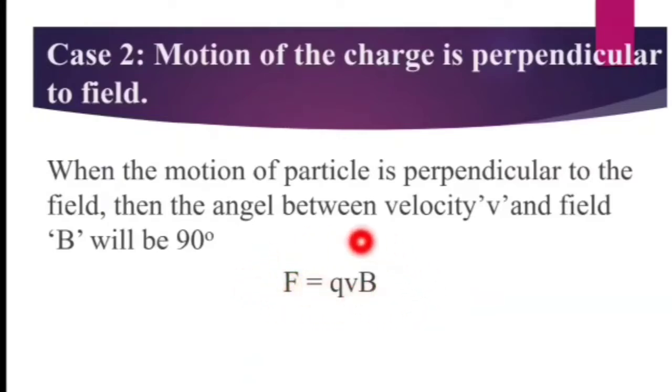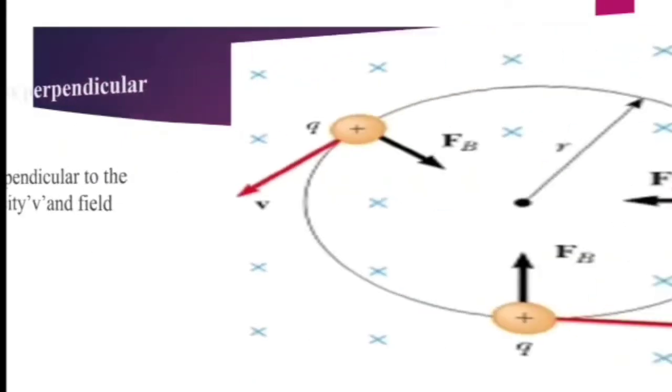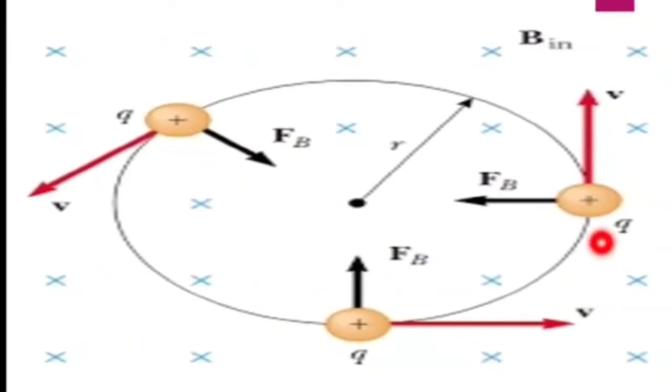Now what change happens to its motion when this force is experienced? Let us see with the diagrammatic representation. Here let us consider the instance where Q is entering in a perpendicular way. In this diagram, the X marks represent the magnetic field.